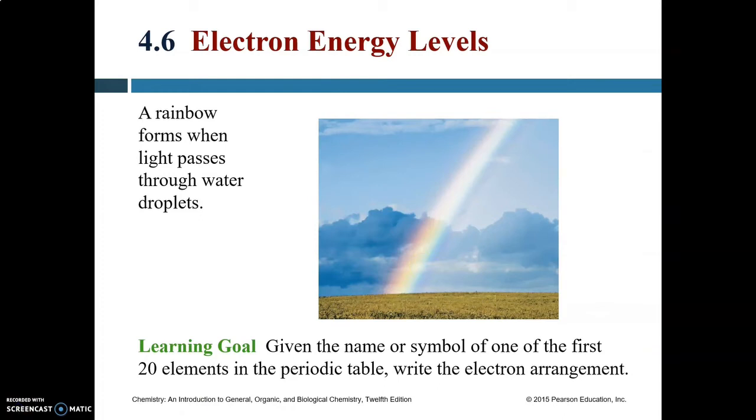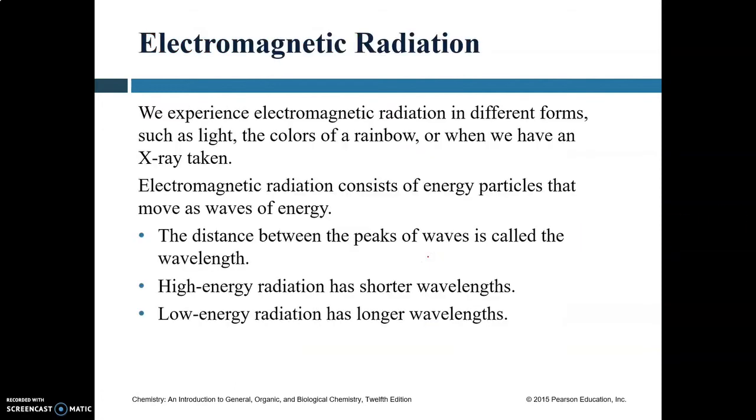To understand why different elements have different properties, we now need to discuss the concept of the energy levels which are occupied by the electrons in an atom. So, first, let's introduce the concept of electromagnetic radiation.